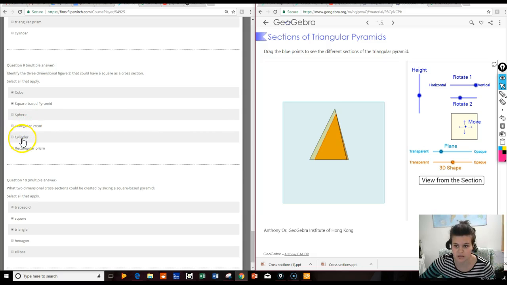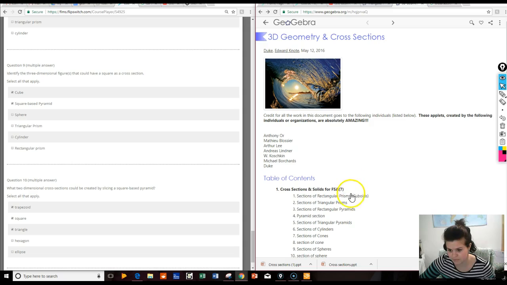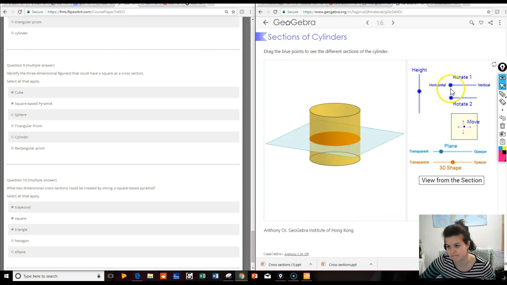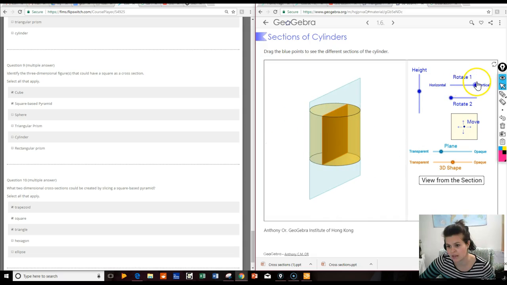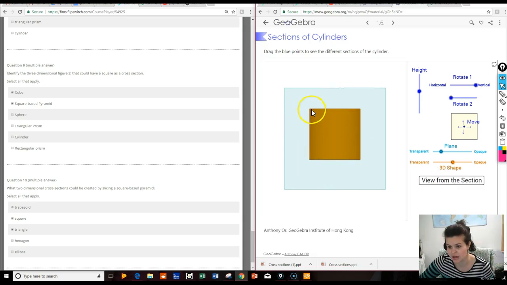So a cylinder, if we cut it this way, and right here you can see we could create a square if our diameter was the same length as our height. So we could have it from a cylinder.